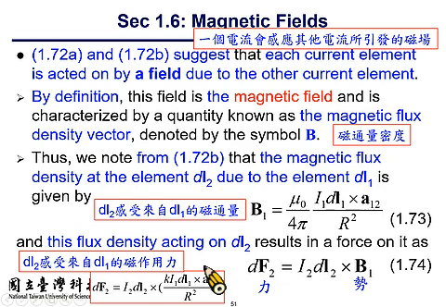This expression is the magnetic flux density produced by the presence of I1DO1.